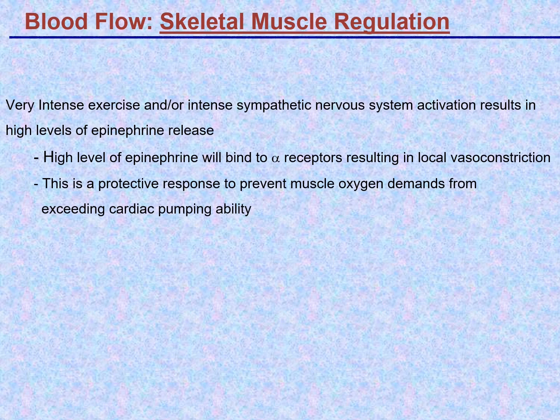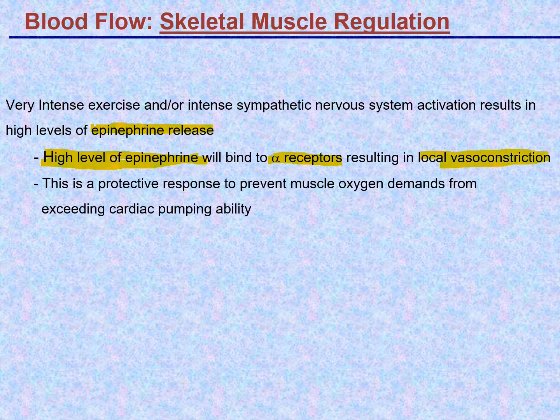However, that increase in activity can be associated with higher and higher levels of adrenaline or epinephrine release. And at very high levels of epinephrine, you start getting the binding of the epinephrine to alpha adrenergic receptors. Binding to the alpha adrenergic receptors results in local vasoconstriction.